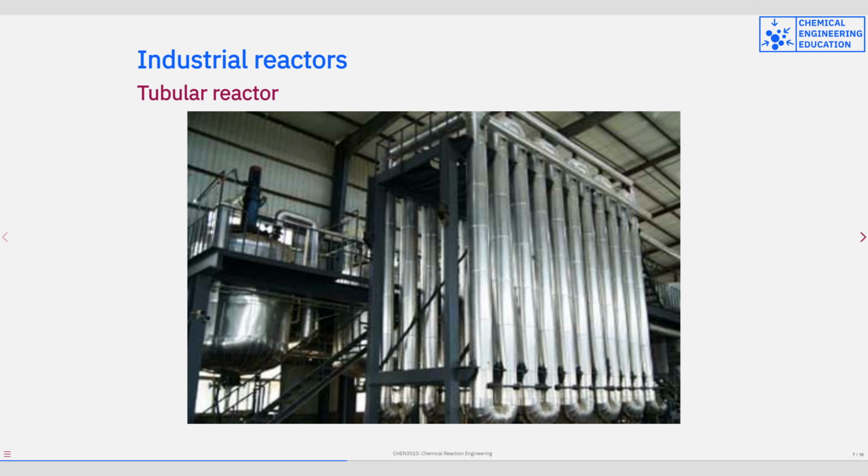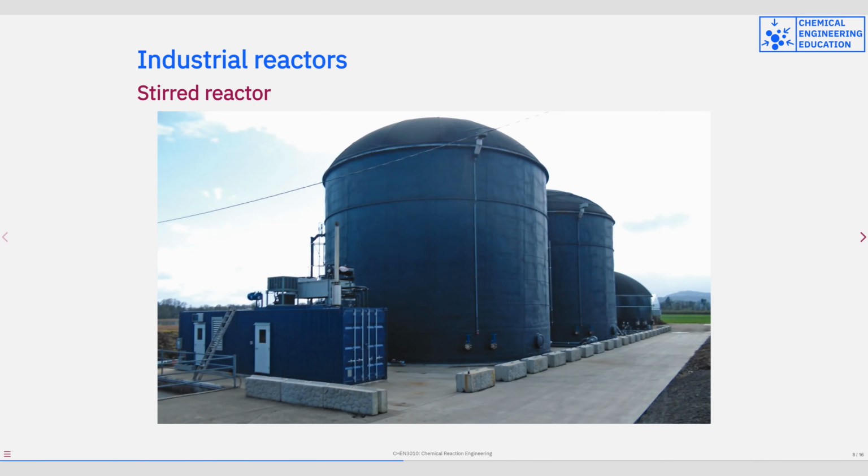Its design allows for efficient heat and mass transfer, making it ideal for large-scale production. Stirred reactors are commonly used in industrial applications for processes that require uniform mixing. Its design allows for consistent distribution of reactants and efficient reaction management.